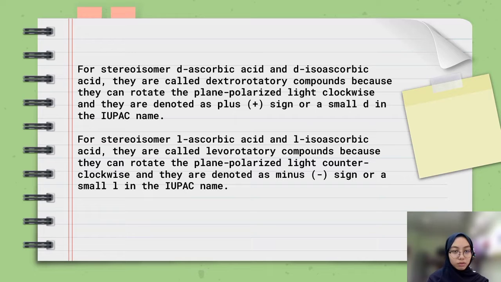Meanwhile, L-ascorbic acid and L-isoascorbic acid are called levorotatory compounds because they can rotate the plane polarized light counterclockwise, and they are denoted as a minus sign or a small l in the IUPAC name.